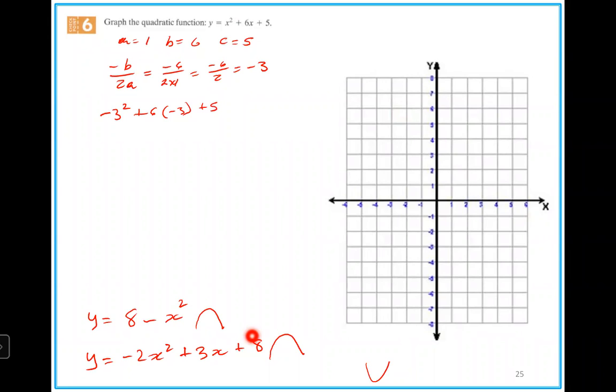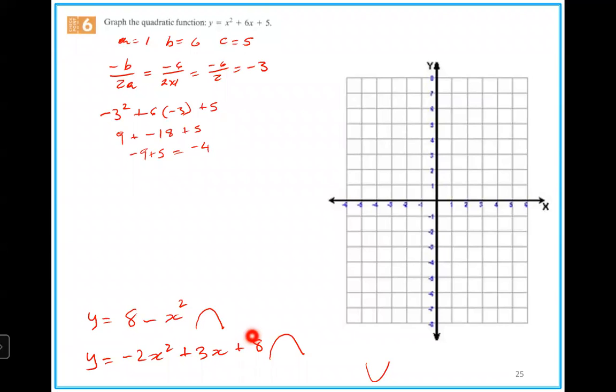So now -3 squared is 9. 9 plus 6 times -3 is -18, so 9 minus 18 plus 5. 9 minus 18 gives you -9, and -9 plus 5 is equal to -4.